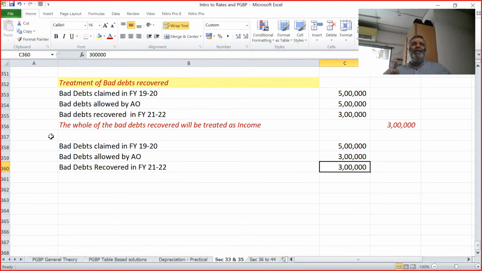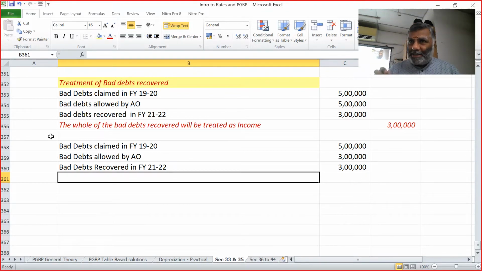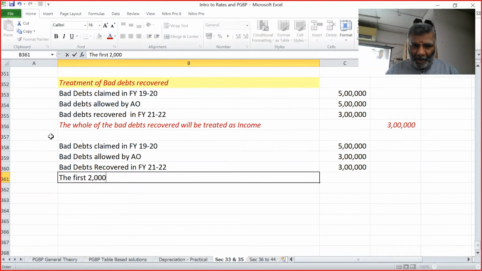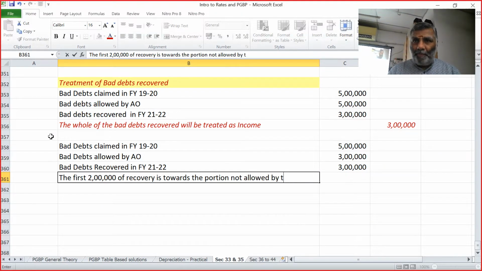Over and above that is only bad debts recovered. The assessee can prove that the first 2 lakhs of recovery is towards the portion not allowed by the AO. So you cannot again tax.